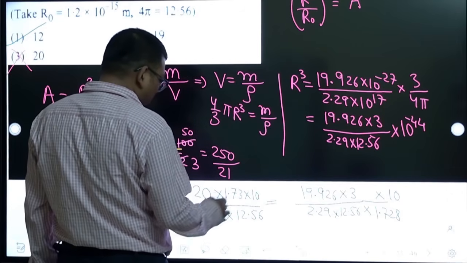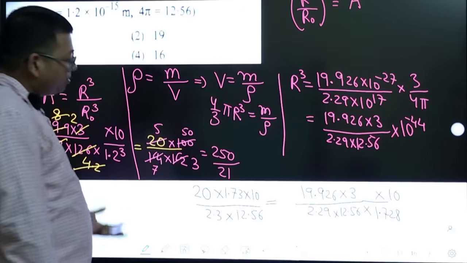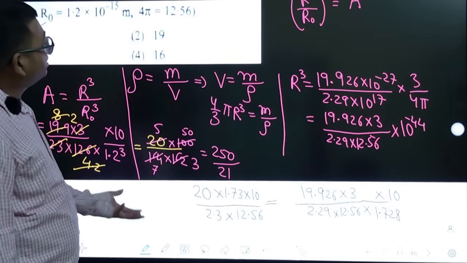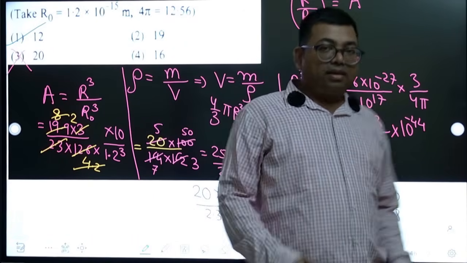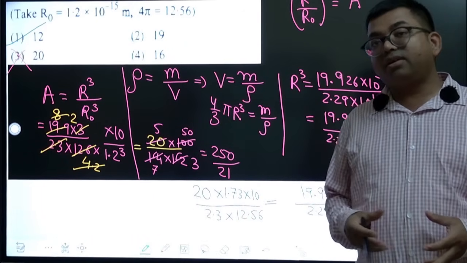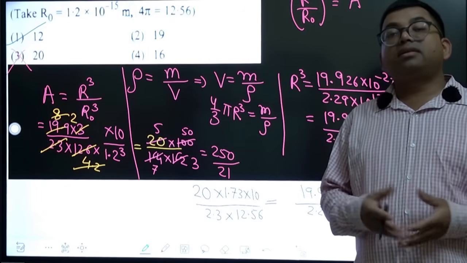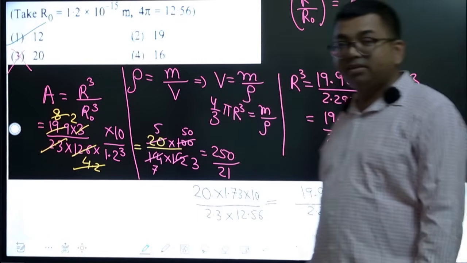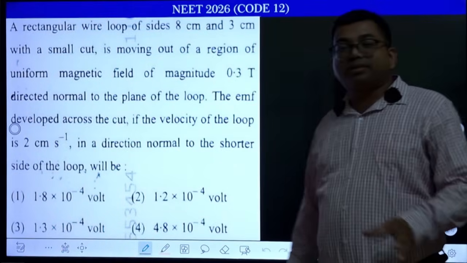This also can come 7 point something. So it's a waste calculation, and they have no brain. No brain means, what is this? Why are they asking this calculation? It's completely waste of time. Neither any good things are there where you can apply some binomial approximations. Why are they checking these calculations? Are we here to multiply and divide? Okay, leave it. Let us go to the next question.